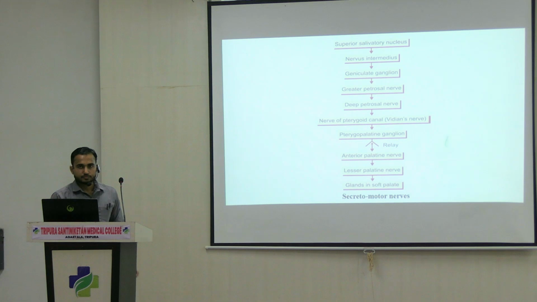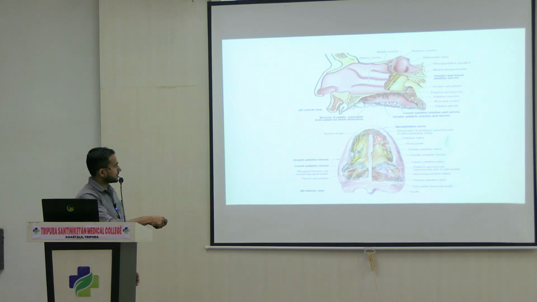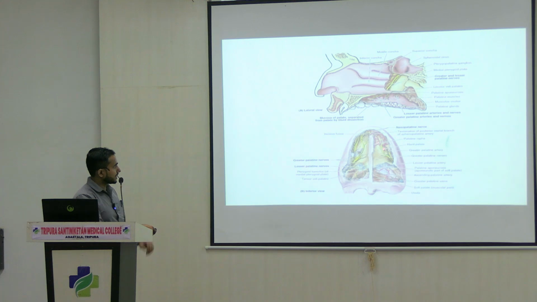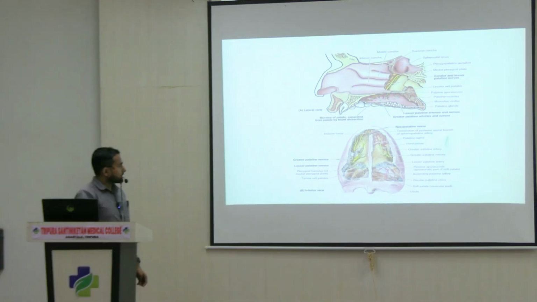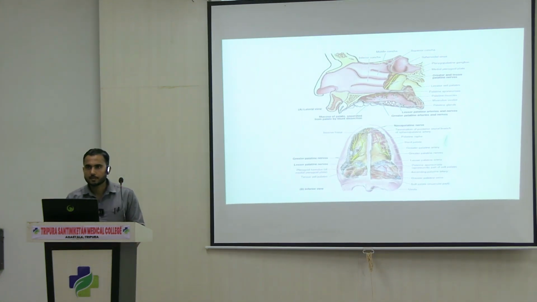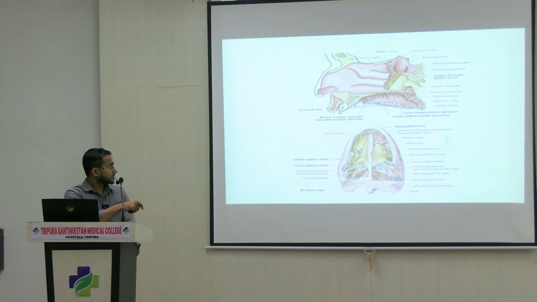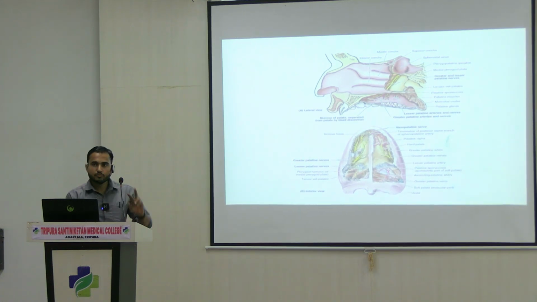Next, in this diagram, you can see the blood supply. This is the blood supply for the hard palate, and this is the blood supply for the soft palate. Along with that, you can see the nerves also, which are supplying the various parts of the soft palate. So this diagram will help you to understand the blood supply. Here also, this diagram is important. Two views are there.